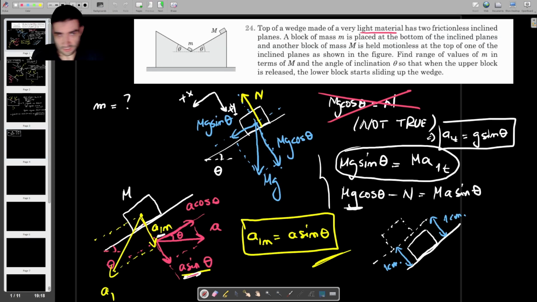So the question is asking us to find the range of values of m in terms of big M, so that when the upper block is released, the lower block starts sliding up the wedge. So what we should look at in this case is actually the acceleration of the second object, small m.